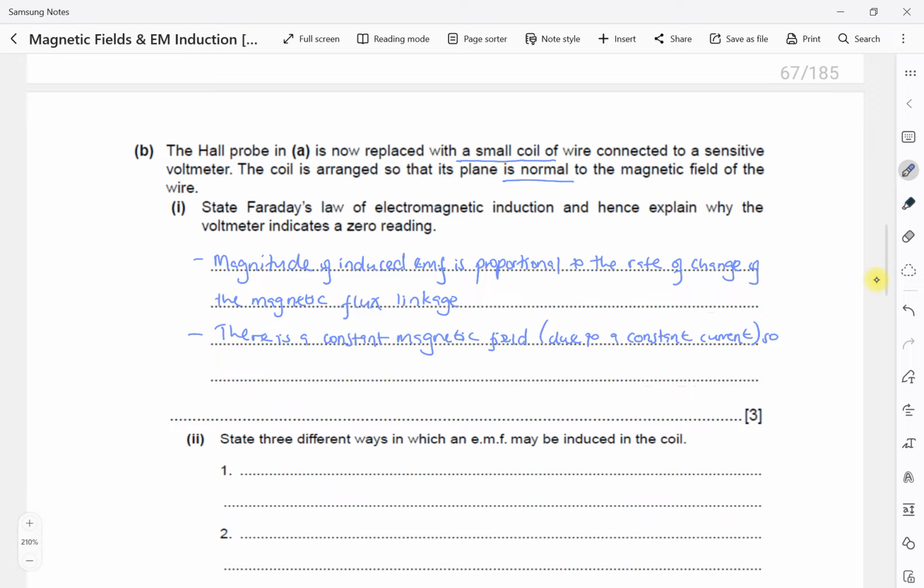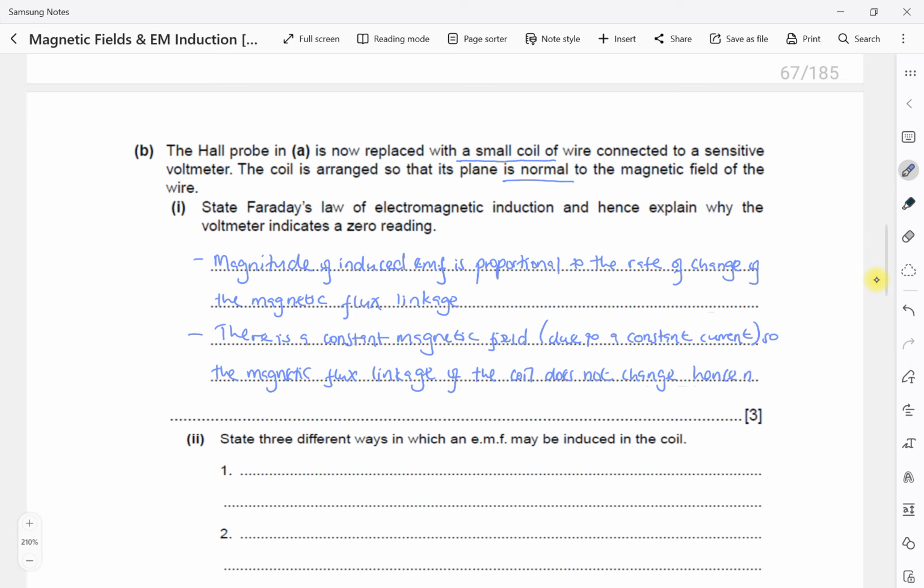So the magnetic flux linkage of the coil does not change.